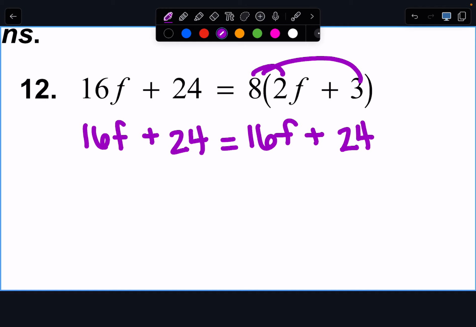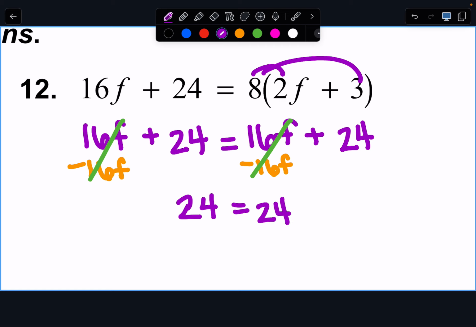So now if I take this 16f and I subtract it over to the other side, they both cancel and I get 24 equals 24. That's a true statement. How often? All the time.